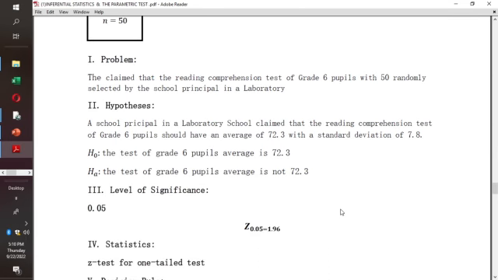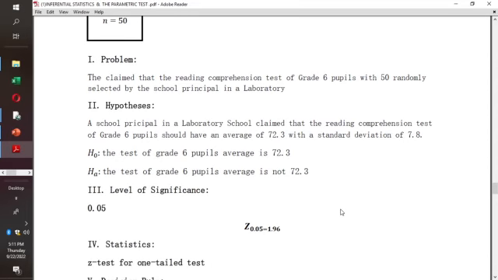Problem: the claim that the reading comprehension test of grade 6 pupils, with 50 randomly selected by the school principal in a laboratory school. Hypothesis: a school principal claimed that the reading comprehension test of grade 6 pupils should have an average of 72.3 with a standard deviation of 7.8.